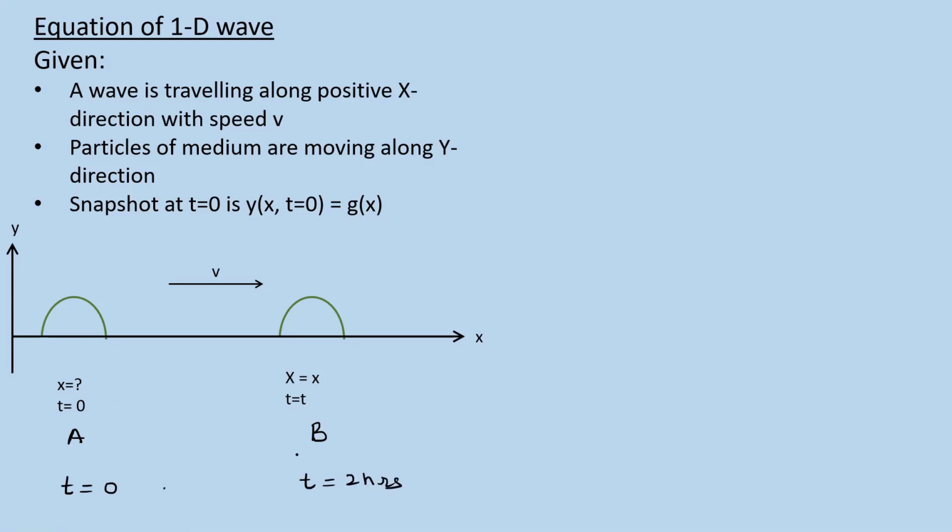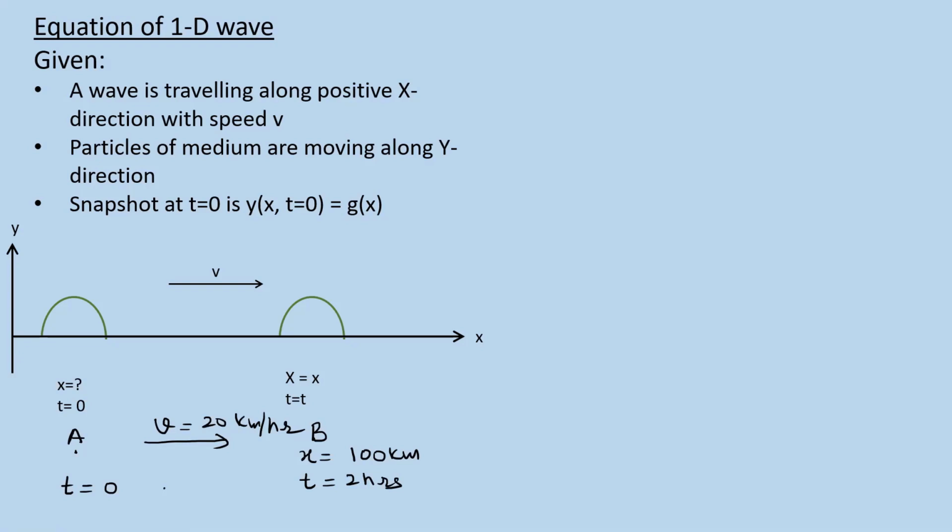The position of station B is, say, 100 kilometers, and the train was traveling with a constant velocity, say 20 kilometers per hour. So can we tell what was the position of A? We see that the time interval between the train arriving from A to B is 2 hours. The train was traveling with a velocity of 20 kilometers per hour.